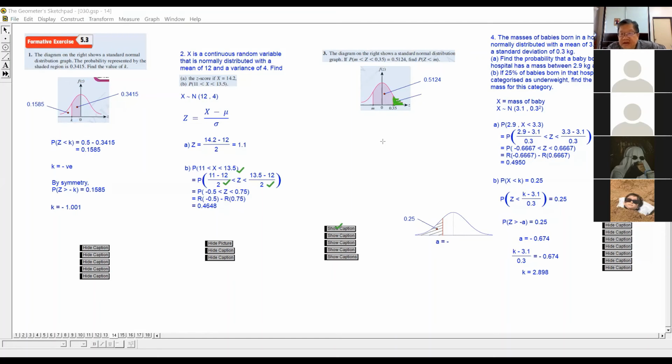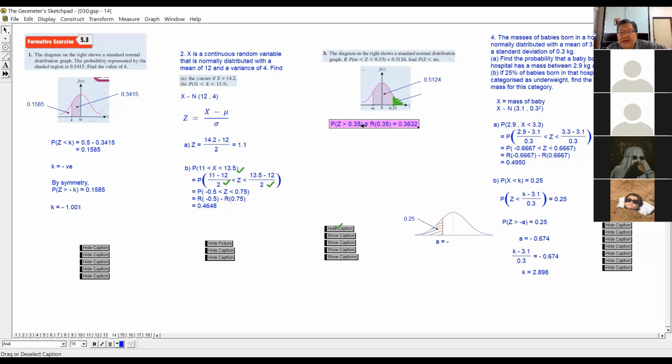So I proceed by trying to find what is the probability, the green color here. Now this section is denoted by probability of z greater than 0.35. So I try to find the probability of z greater than 0.35.